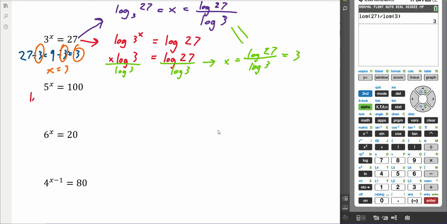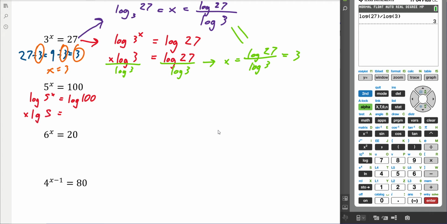So what that would look like is that we take a log of both sides, so log of 5 to the x, log of 100. Now what's really nice here is that if we have log of 100, we actually know the answer straight away. And so we can now take the x and put it out front.